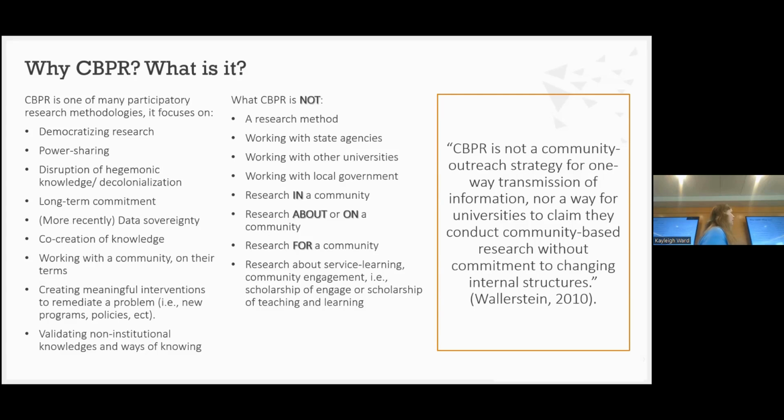I like this quote by Wallerstein: CBPR is not a community outreach strategy for one-way transmission of information, nor a way for universities to claim they conduct community-based research without commitment to changing internal structures. This recognizes that universities may have perpetuated harm in those communities that they now want to do community engaged work with.